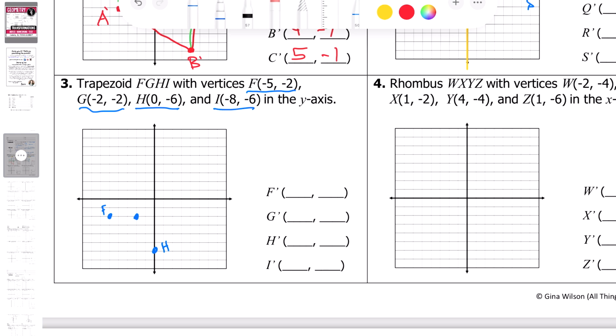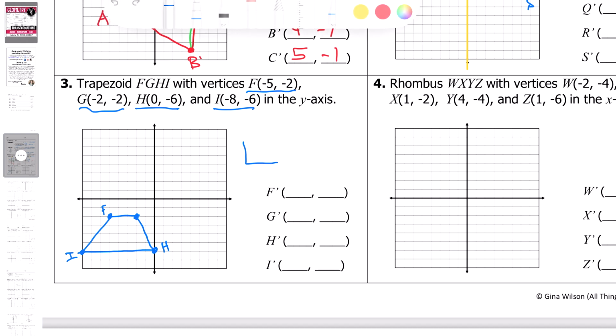And then for I, we're going to go all the way to the left side and then down 6. All right, so here is our trapezoid, and this is what all trapezoids basically look like.